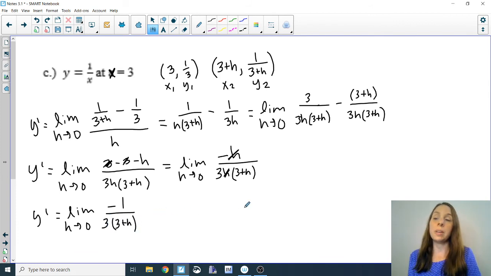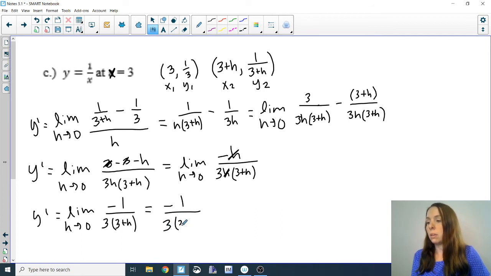Take a look at what we now have from canceling the 3 minus 3. That allowed us to cancel the h in the numerator with that one factor of h in the denominator. Now there's nothing holding you back from subbing 0 in to the h that remains, because you will not get a 0 over 0 answer. You will get negative 1 over 9.